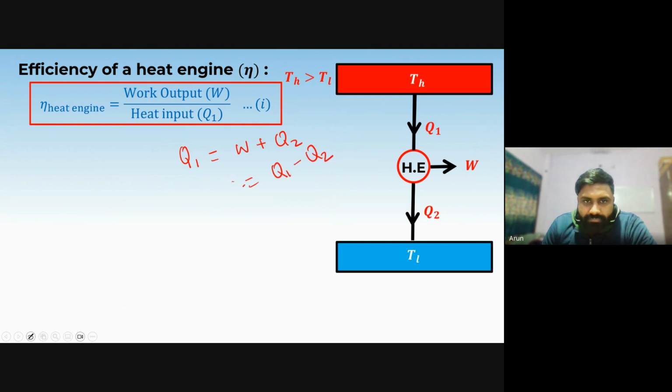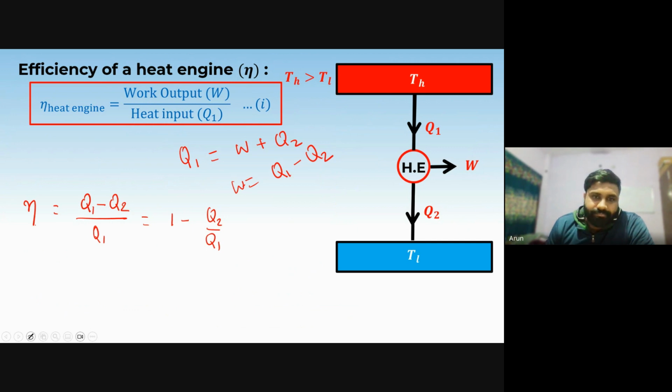Okay. So if you put this work done in eta, it will be Q1 minus Q2 divided by the heat input. What is the heat supplied to the engine? It is Q1. So dividing, this expression becomes 1 minus Q2 by Q1.